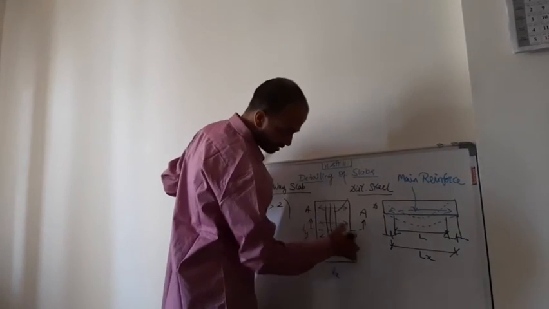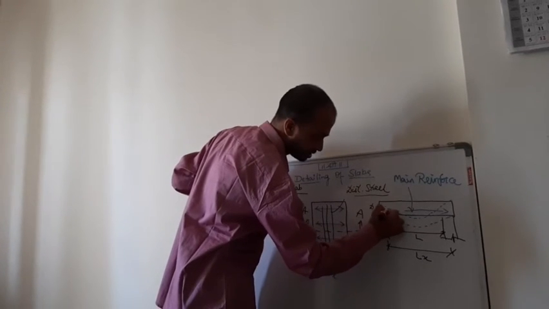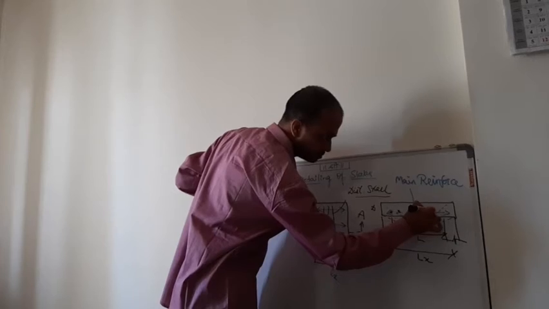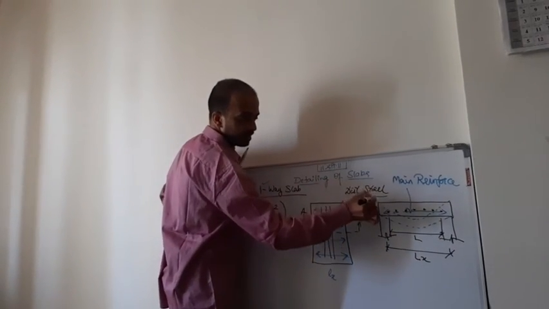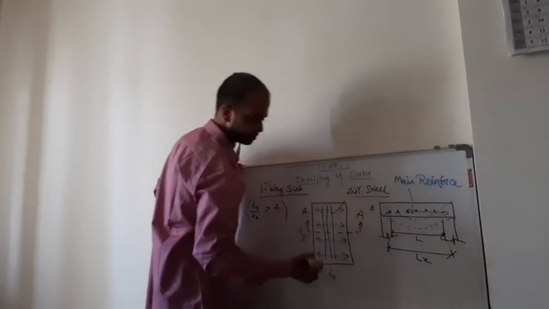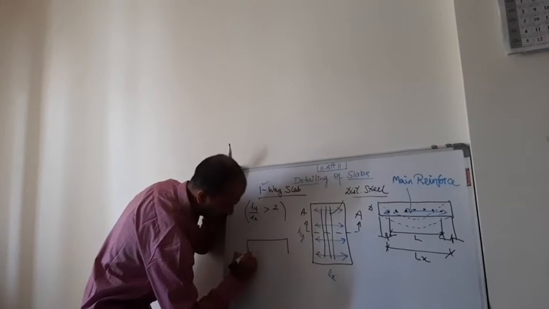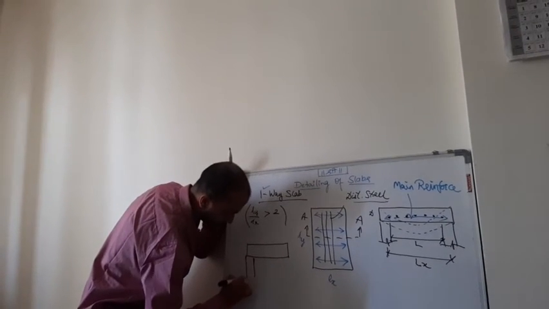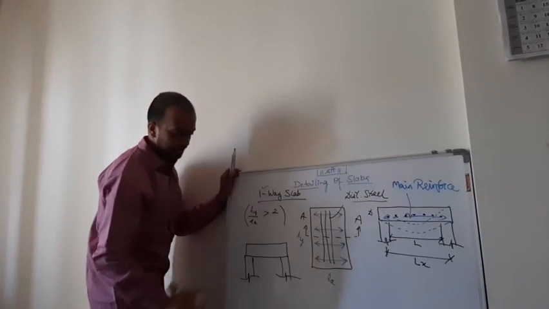Okay, so when I take a cross section and have a look at the distribution steel, it looks like this. And this distribution steel shall be provided above the main reinforcement. So for example, I will draw the sketch here again so that it will be clear for you to understand. So this is a support on which the slab is resting.